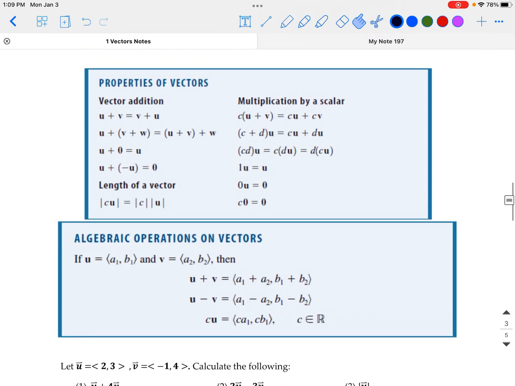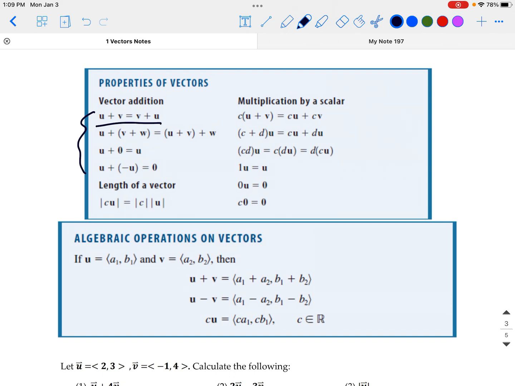All right, if we pop down here, we've got a list of properties. These properties are extremely important in general, but for us, we're going to focus on some of the most commonly used ones. First, we get nice properties of addition.